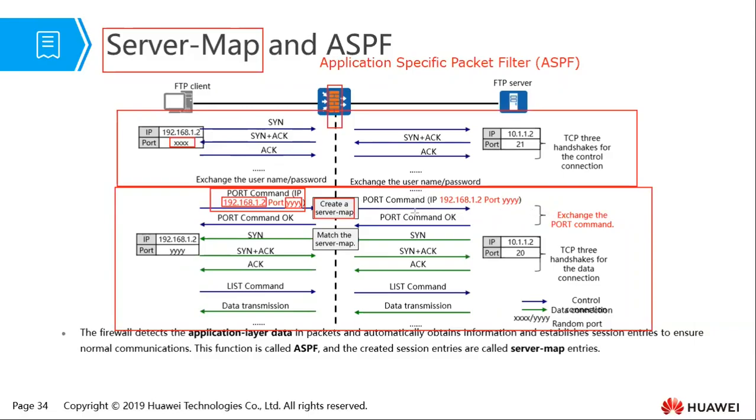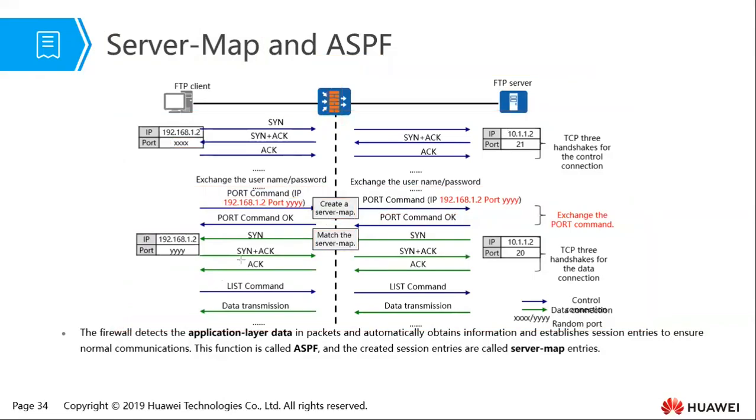So what happens is that when the firewall receives any FTP packet, it will simply allow it by matching the server map. So check, do I have this destination port number on my server map? So that is what matching is. This is what we call application specific packet filtering.